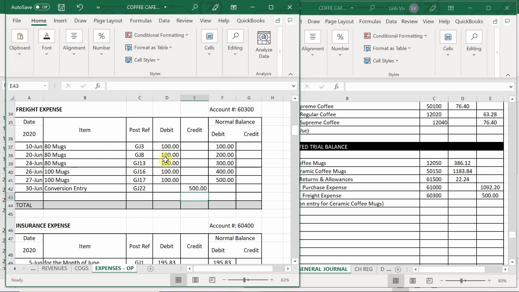And we are at 0, closing that. So if you remember my analogy, when we do the conversion entry, you're going to literally take all the inventory that's in the bucket for purchase expense and freight expense, and you're going to dump them into ending inventory, cost of goods sold, and returns and allowances, right? So that's what you're doing. You're taking everything that's in these accounts and you're zeroing them out.